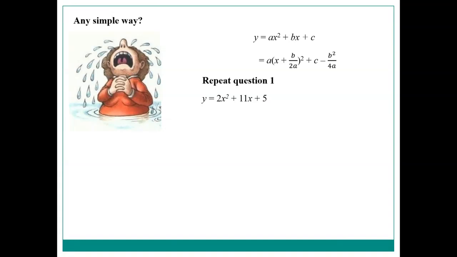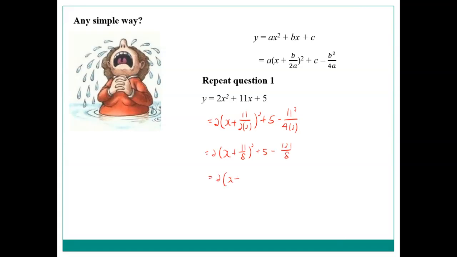All right. So my a is equal to 2 and my b is equal to 11. 2 times 2 plus, c is 5, minus b squared over 4 times a. So I got 2 times (x plus 11 over 8) squared plus 5 minus 121 over 8.